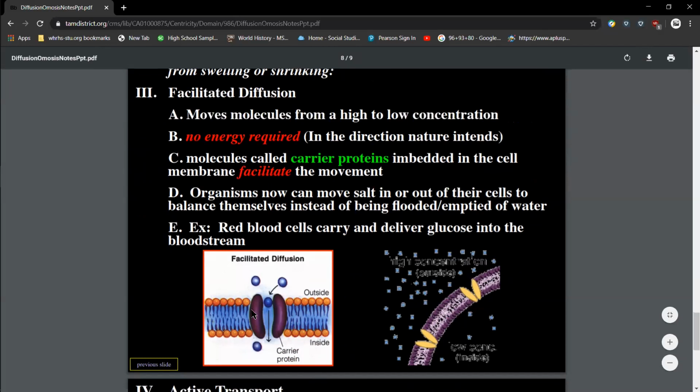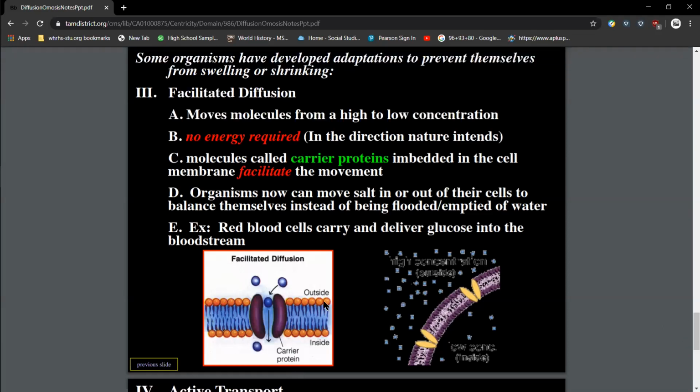So what actually happens is you have these carrier proteins in the middle of the bilayer, and they facilitate, which is why it's called facilitated diffusion, the movement of molecules across their concentration gradient. An important thing to remember is that facilitated diffusion does not require energy. It's still moving molecules from high to low concentration.